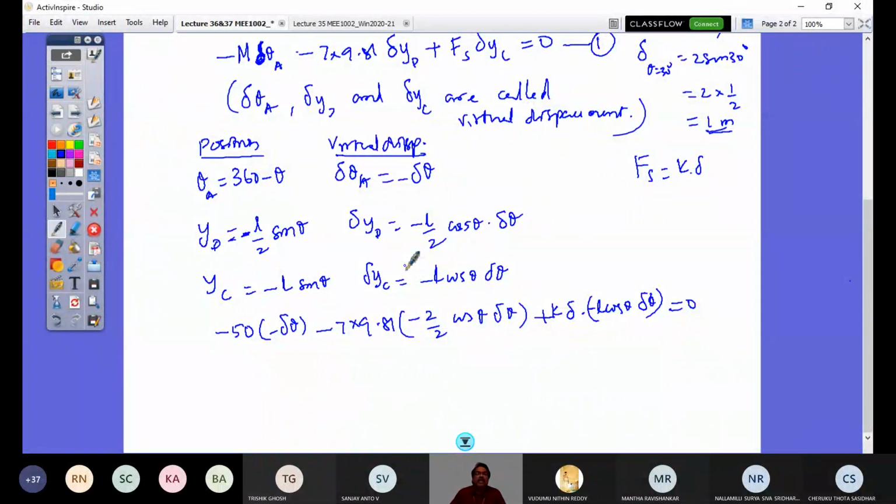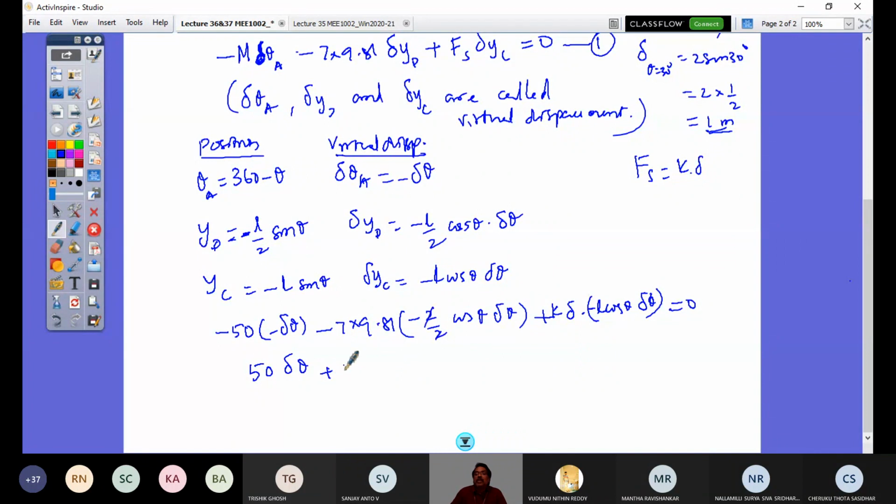So you can see that this has now become 50 delta theta, and plus 7 into 9.81 cos theta delta theta, and here it is this minus.